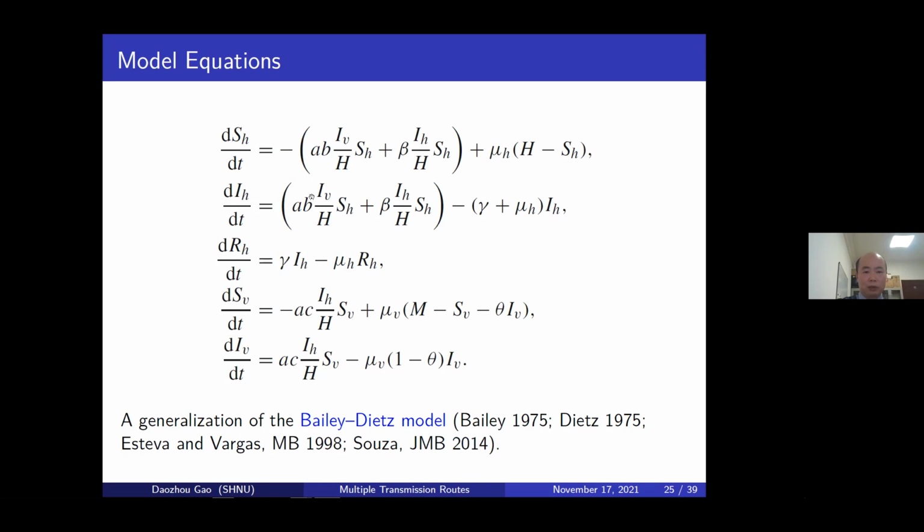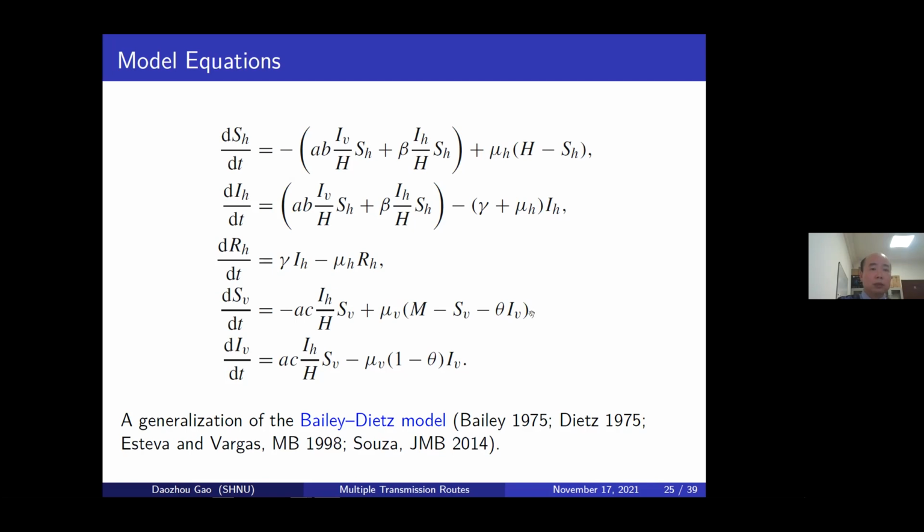The model is a generalization of the Benedict's model, by incorporating sexual transmission in humans and vertical transmission in mosquitoes. The global dynamics of the Benedict's model was studied in these two papers, and the dynamics are completely determined by the basic reproduction number.